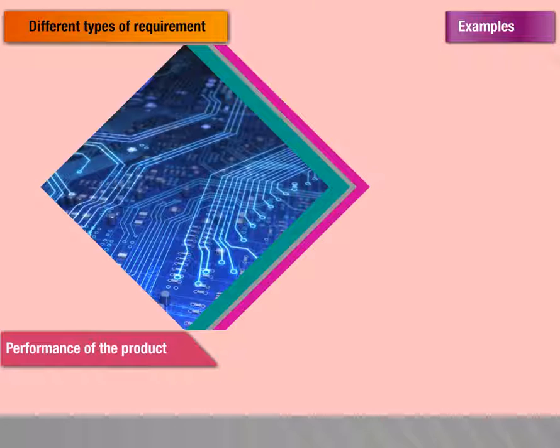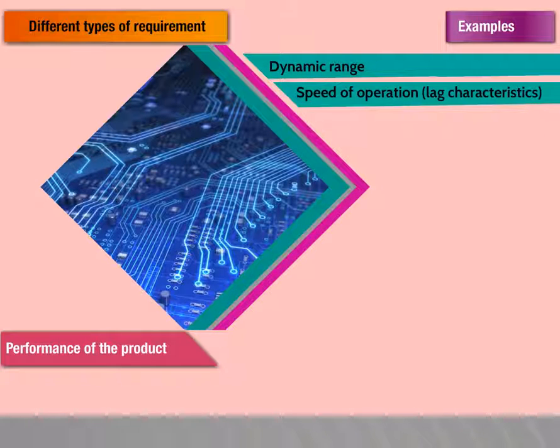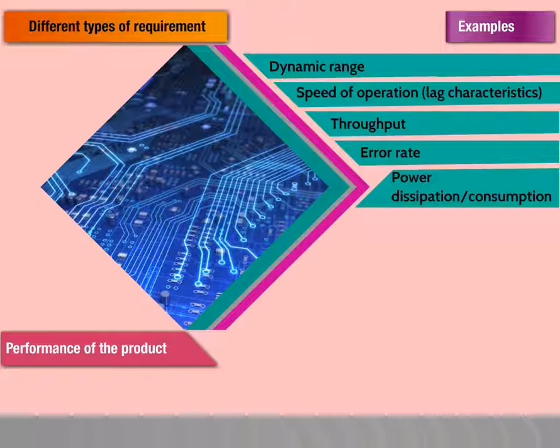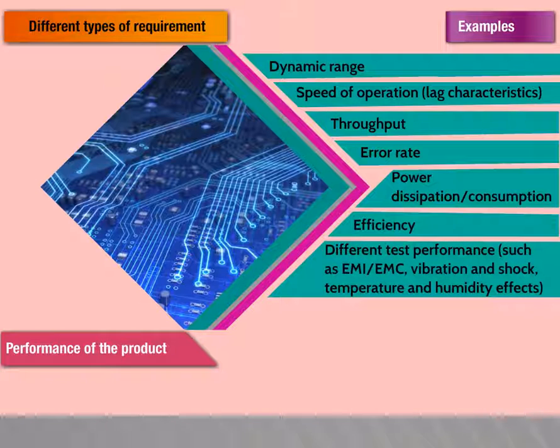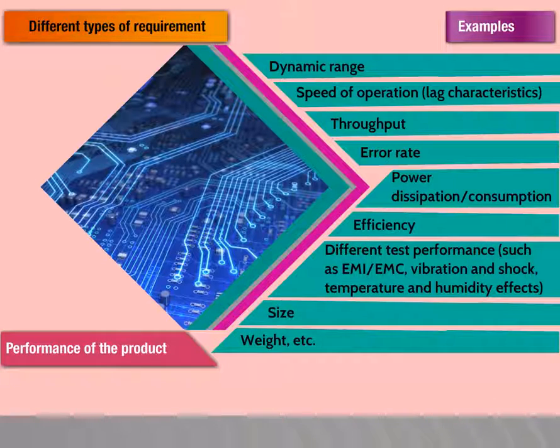Performance of the product: dynamic range, speed of operation, that is lag characteristics, throughput, error rate, power dissipation or consumption, efficiency. Different test performance, such as EMI or EMC, vibration and shock, temperature and humidity effects, size, weight, etc.